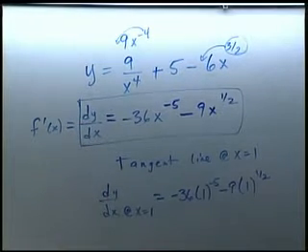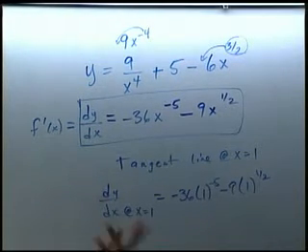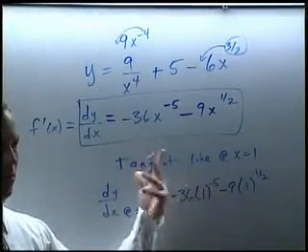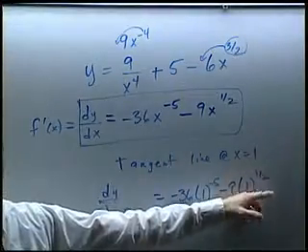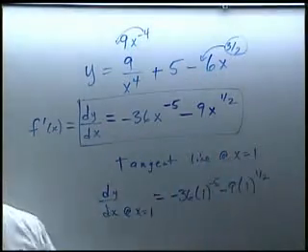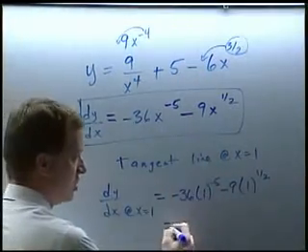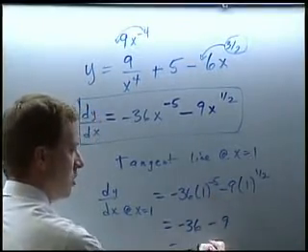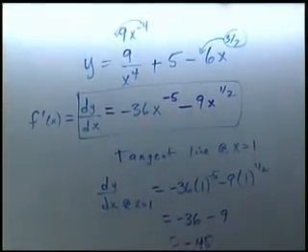What's 1 to the 10th? 1. What's 1 to the 50th? 1. What's 1 to a negative number? 1. What's 1 to a fraction power? 1. Right? It's always 1. So this turns into negative 36 minus 9. So it looks like my slope is negative 45.